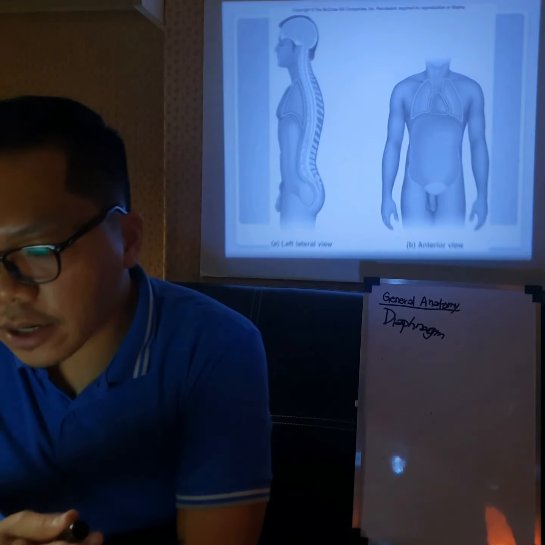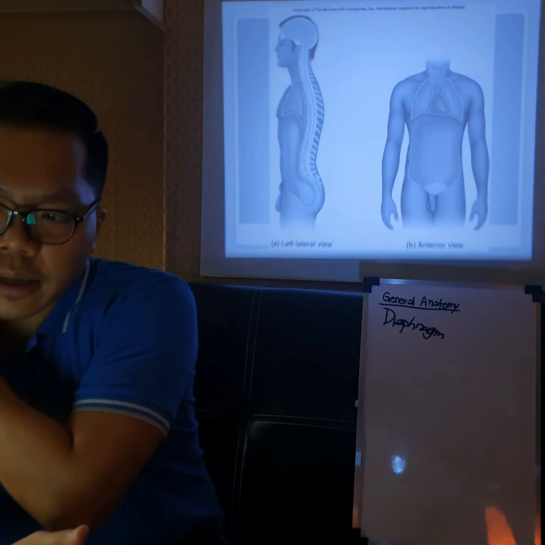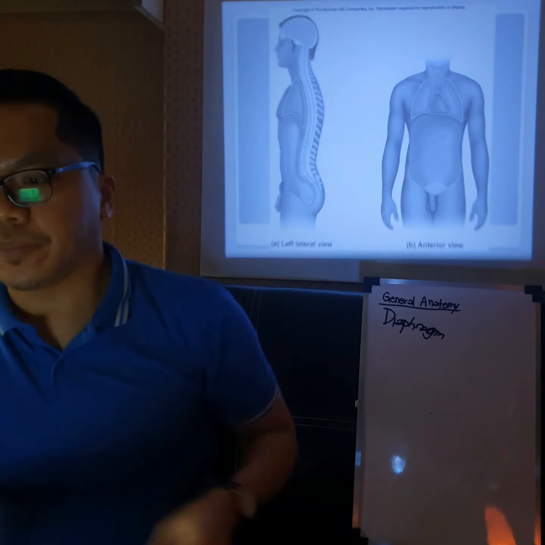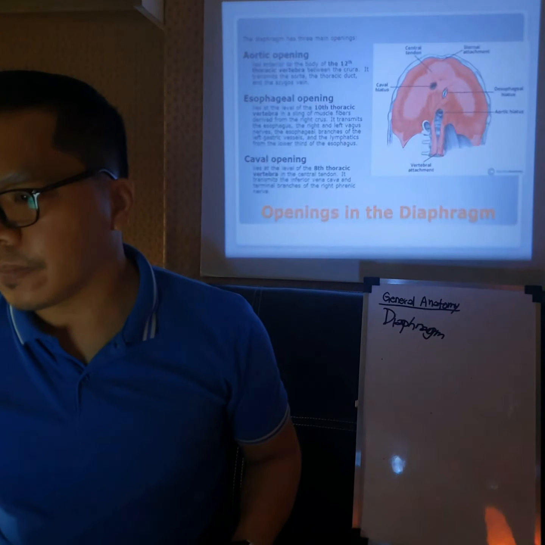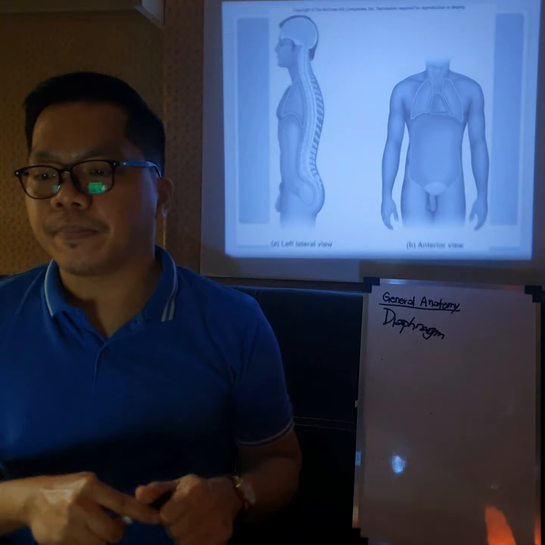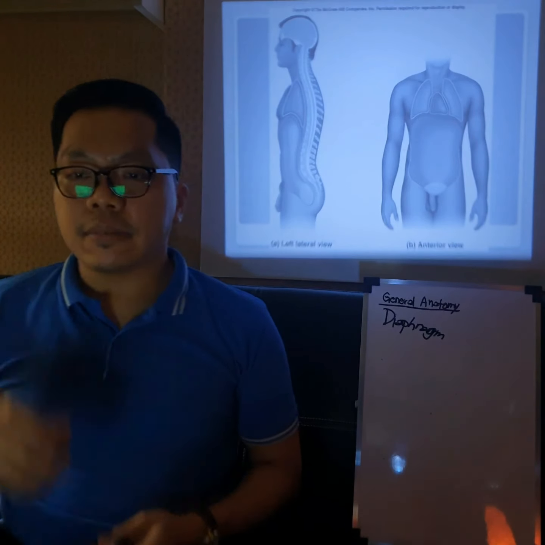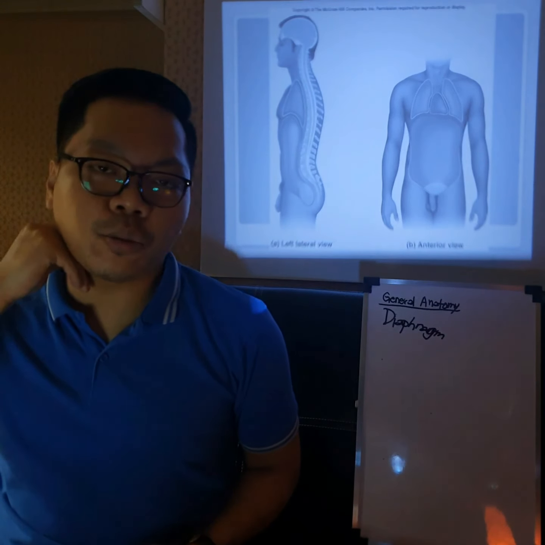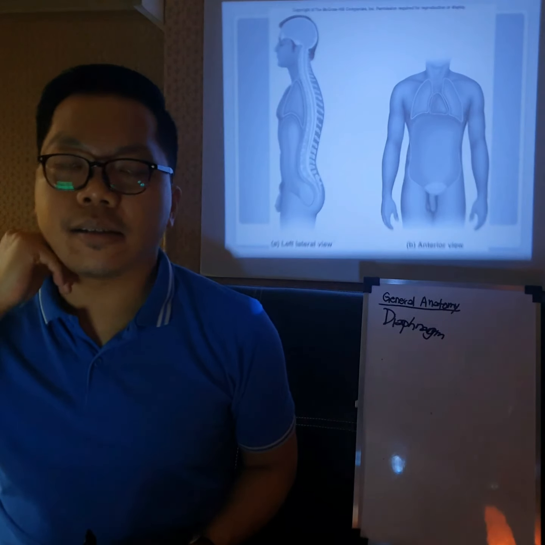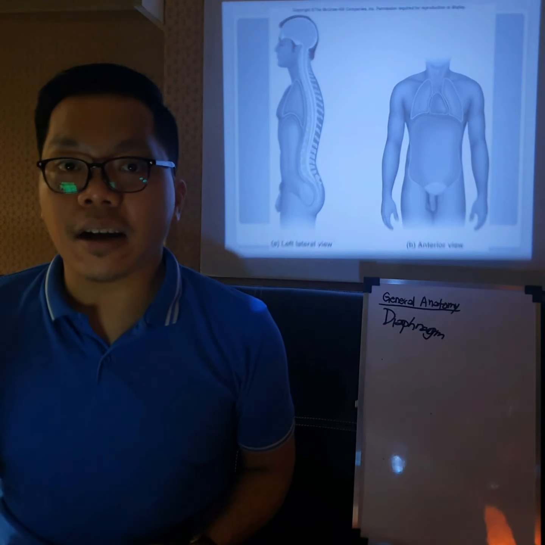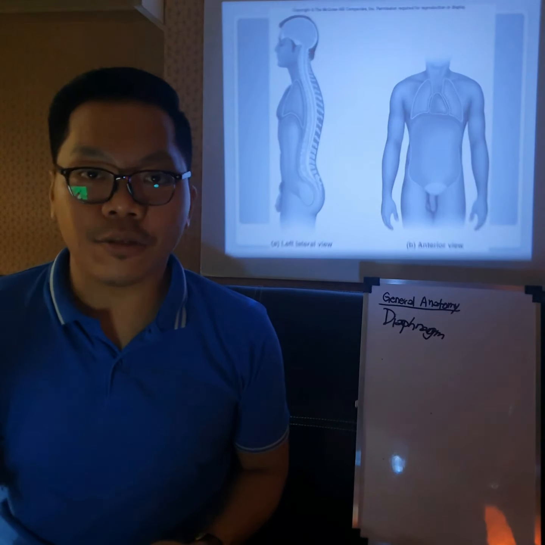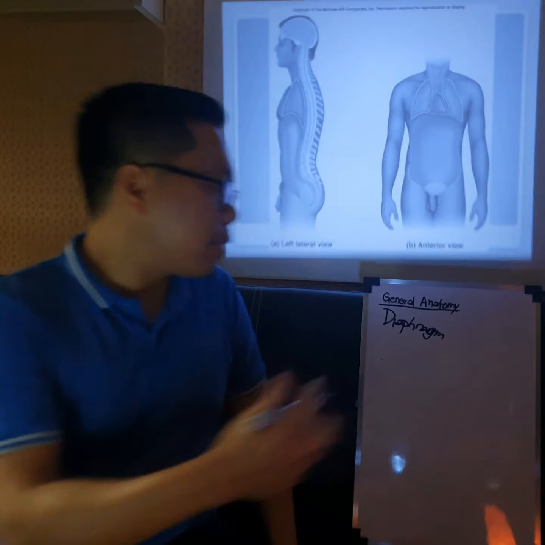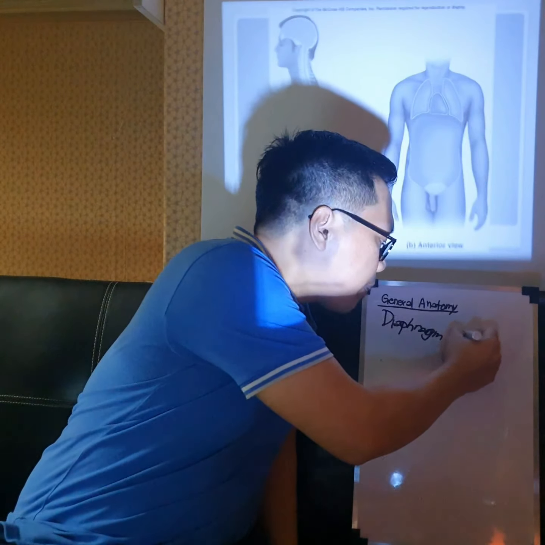Well, the correct answer is, well, it's very obvious. It is actually attached to a bone. Okay? And when a muscle is attached to a bone, it is a skeletal muscle. Please remember that.